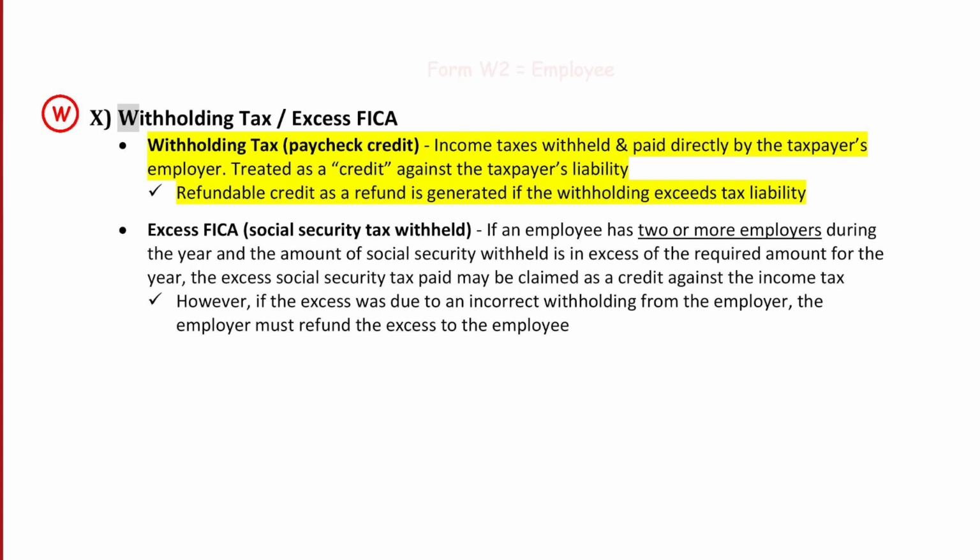So right there, form W2, that's issued by employers to each employee. And if the individual is an independent contractor, the individual would be getting form 1099, which again is for independent contractors.